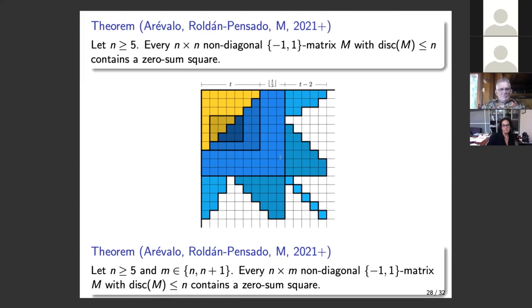And then once we have a big enough split matrix inside our big binary matrix, we can spread the information. I mean, many values are forced once you have a big part of a split matrix.